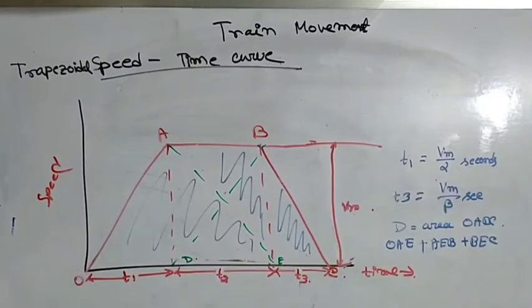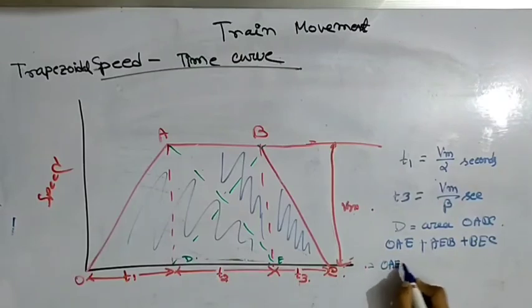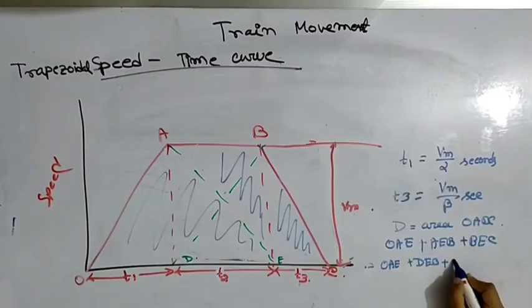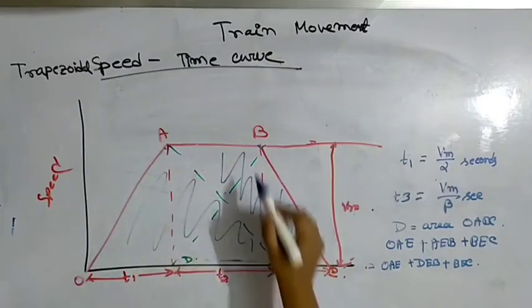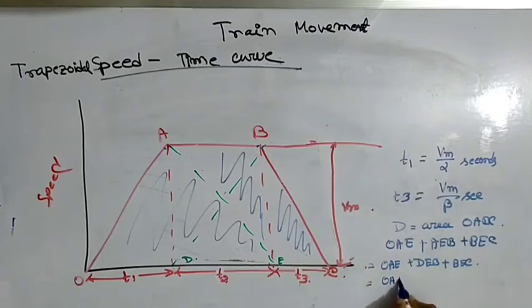Now this is equal to OAE plus DEB plus BEC. Now AEB is equal to DEB by the properties of a trapezoid, so this is equal to OAE plus CBD.